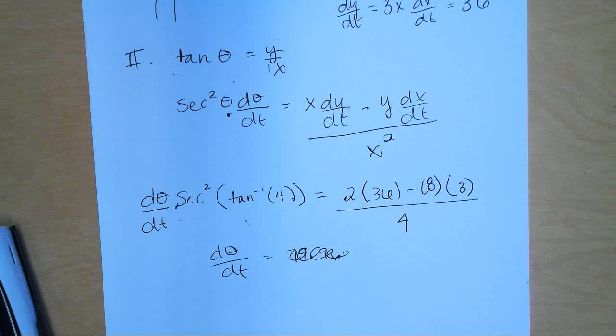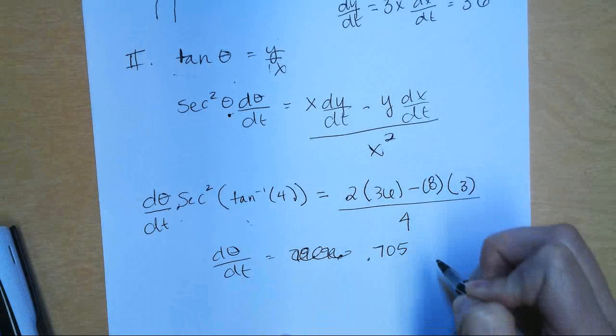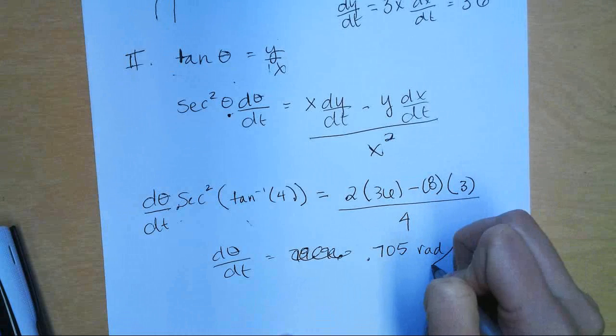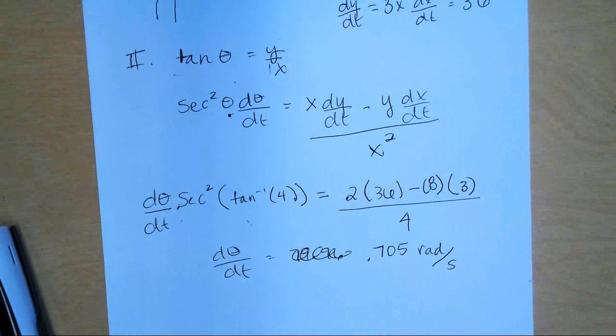This is a nightmare to put in. Squared. 0.705. And that's going to be radians per second. That sounds much better. Is that what y'all got?